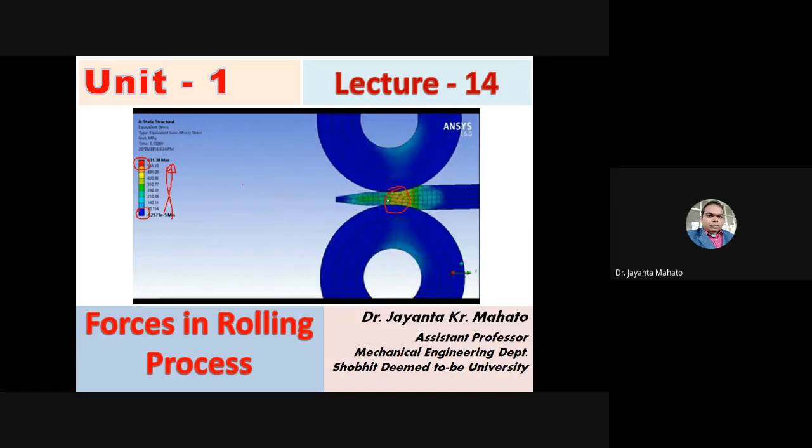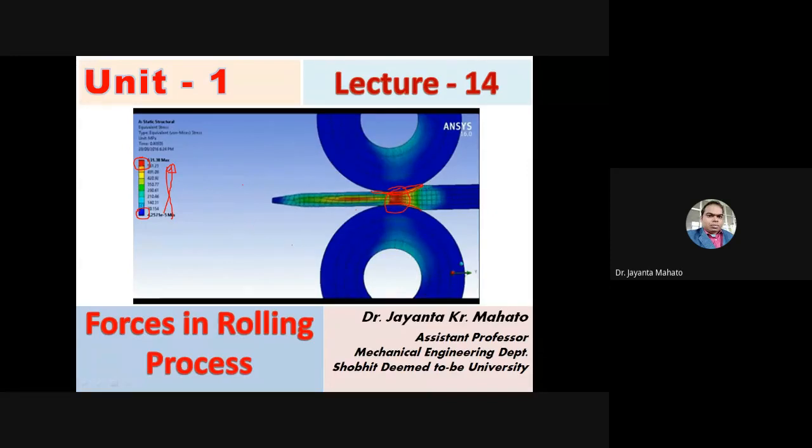Okay. And this stress, just see, through this curvature, along the contact between the roller and the workpiece, there is also a color distribution. Okay.